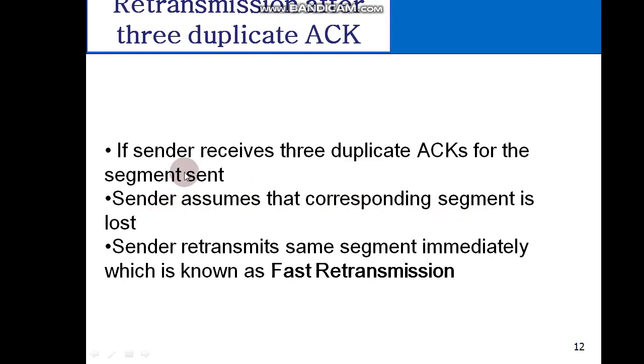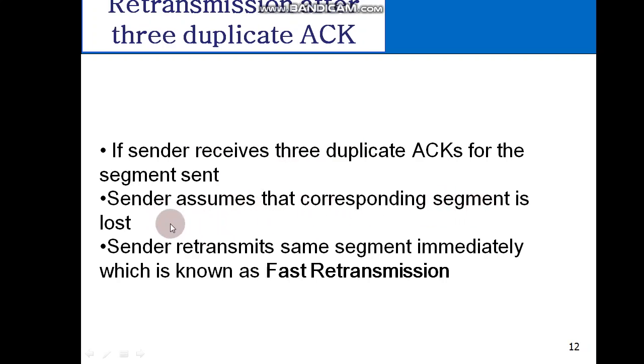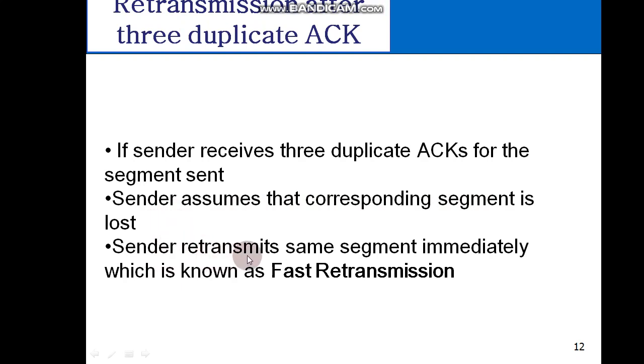Then the sender initiates the retransmission, that is, the same segment is immediately sent again, which is known as fast retransmission, because we have received 3 duplicate acknowledgements for the previous segment that we have sent.